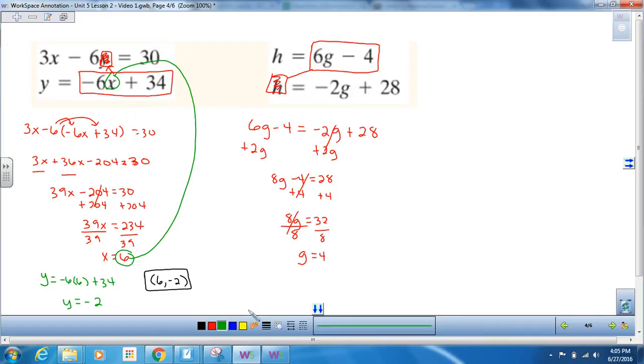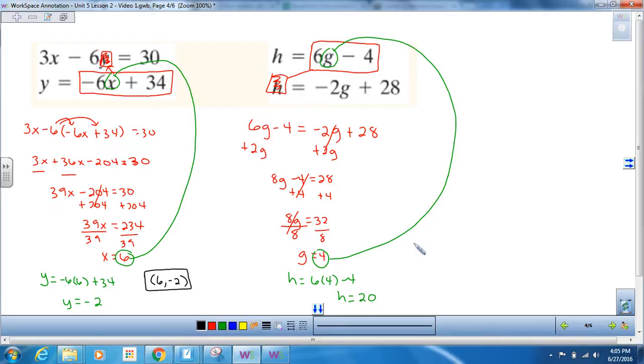Okay, and we're going to substitute that back in. So h equals 6 times 4 minus 4. And I got h equals 20.